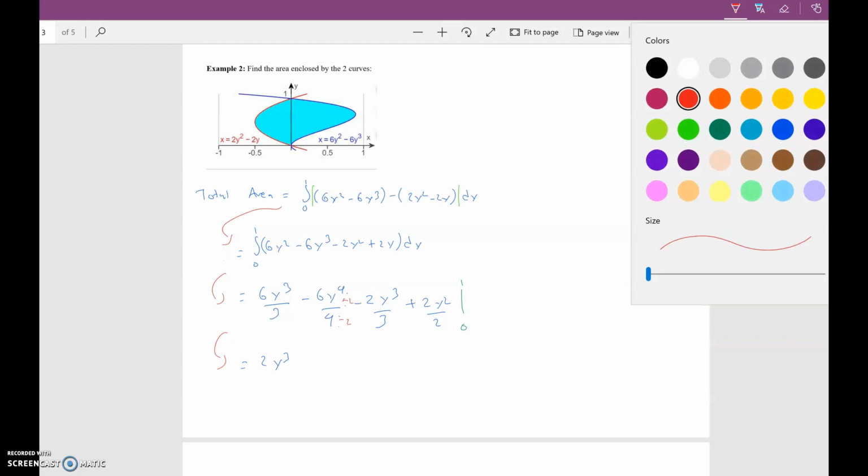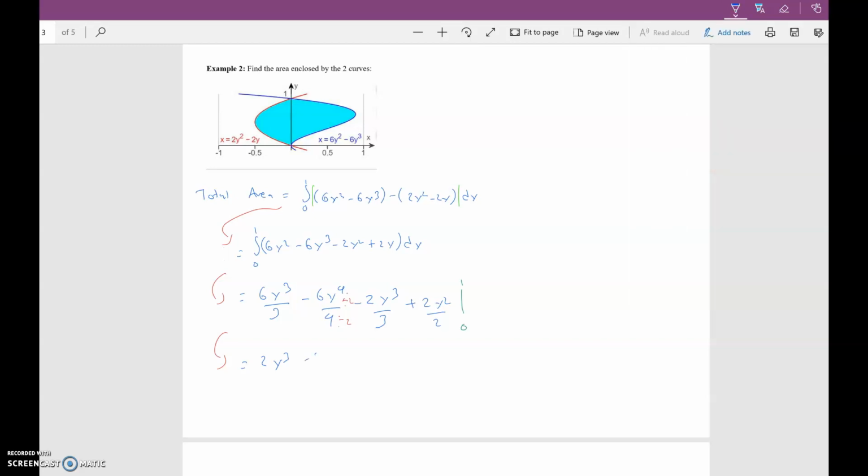So we should be getting minus 3/2 y to the fourth, and then minus 2/3 y to the third, and our actual y's cancel on the last term, so we're just going to have a plus y squared. And we're going to be integrating from 0 to 1. So let me move this one here. I don't see any mistakes yet.